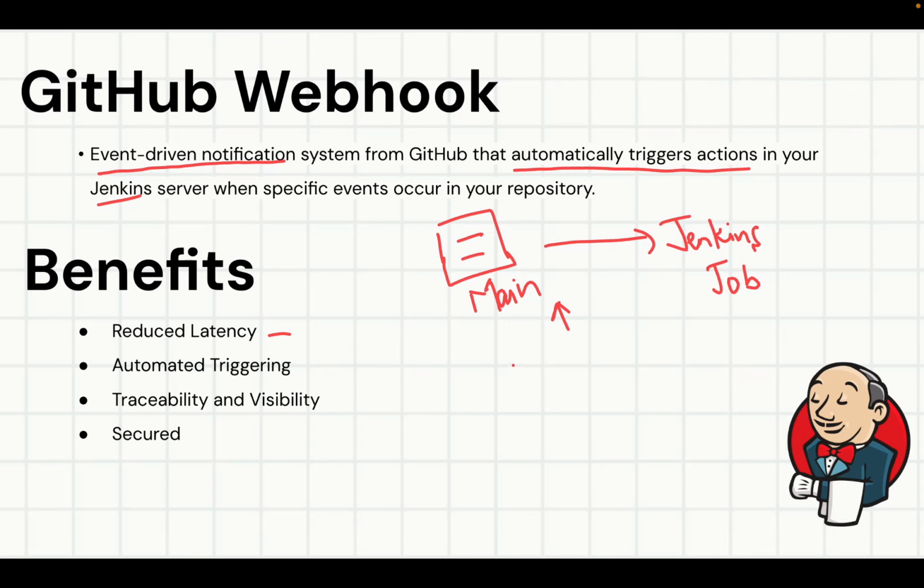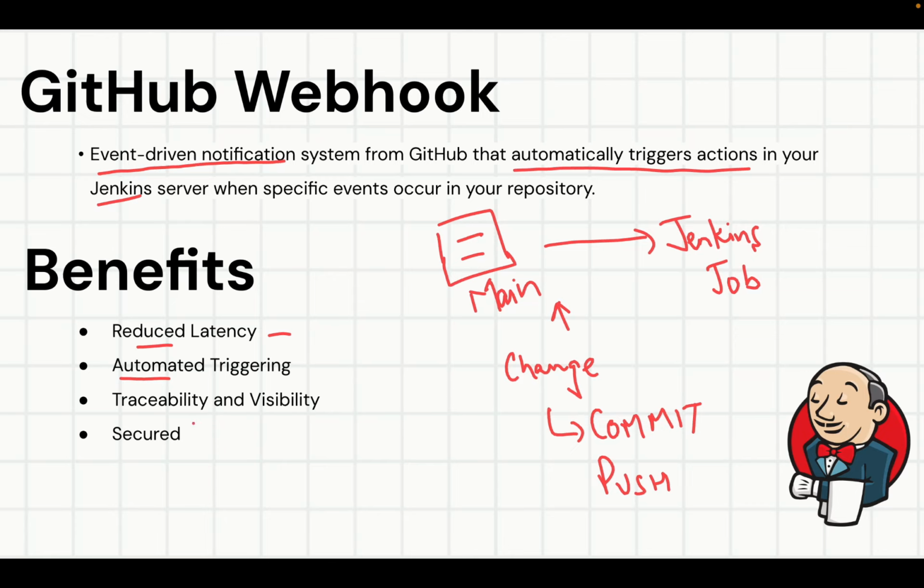So if there is any change, like a commit or a new push, we can see our job gets automatically triggered. So in this, the section of automated triggering and reduced latency comes into the picture.